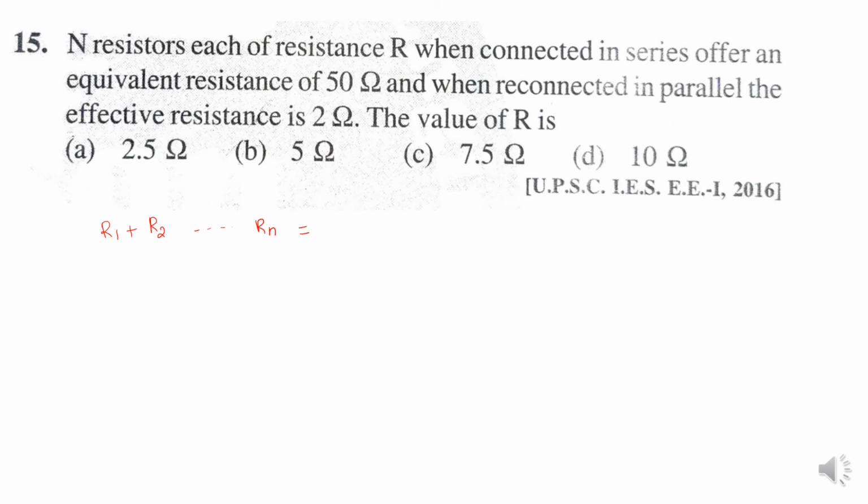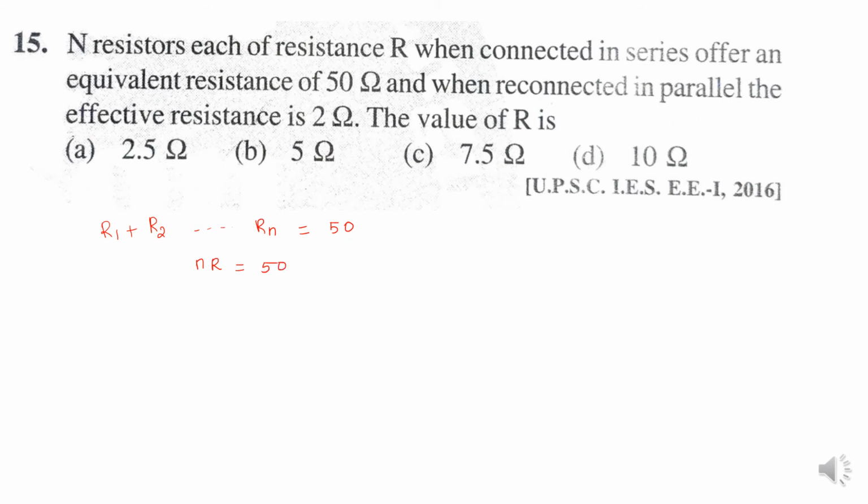That gives the equivalent resistance of 50 ohm. But all the resistances are equal, so R plus R plus up to R. R plus R is 2R, R plus R plus R is 3R. Now for N resistances, that is NR. So NR equals 50.